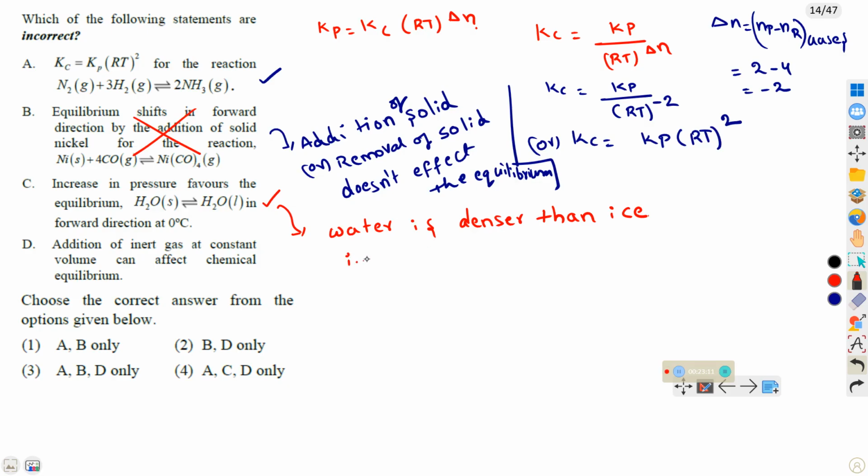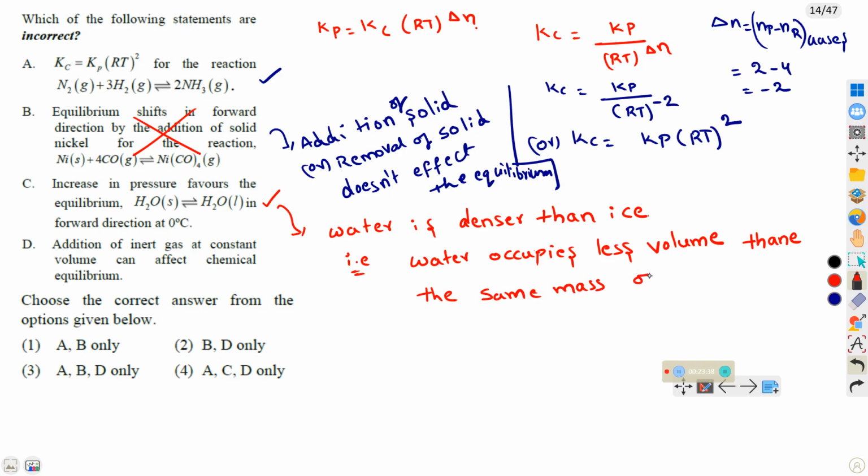That is, water occupies less volume than the same mass of ice.